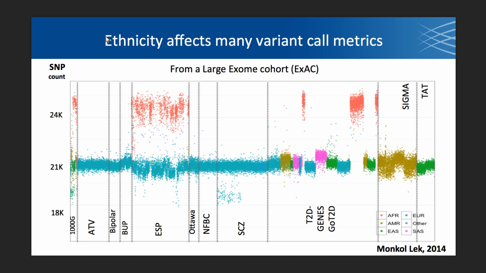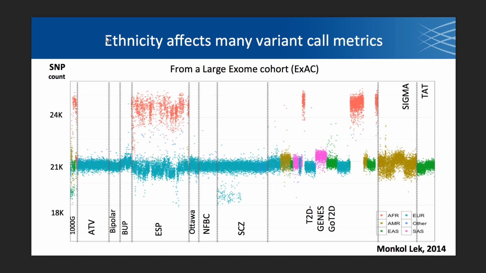There's the mix of data that they could use. It's colored by ethnicity, so red is African, because they have more SNPs on average. This is how many SNPs each individual in that call set has after filtering.